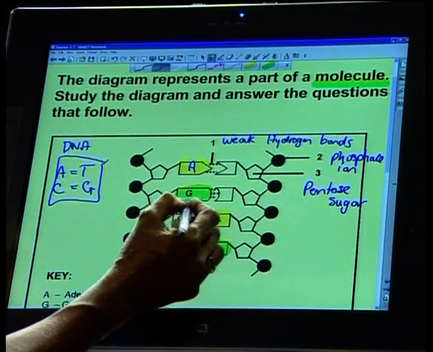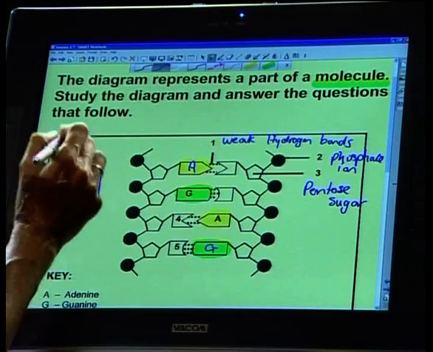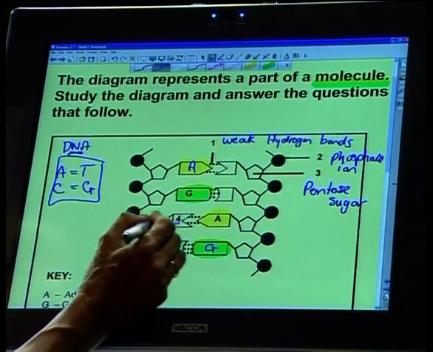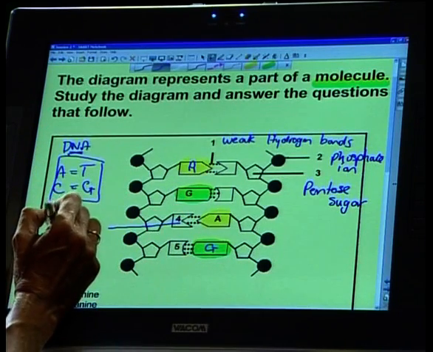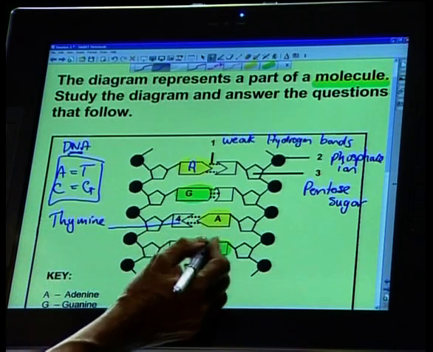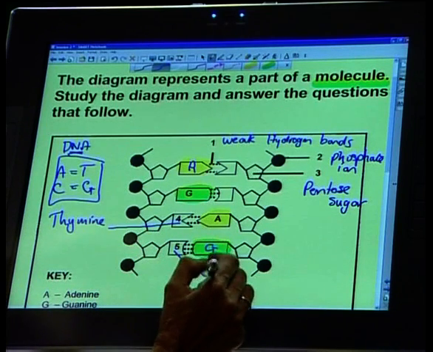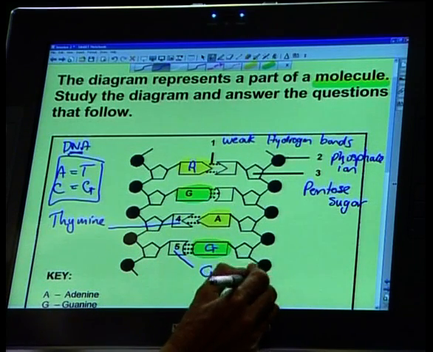So here we go. Adenine, what always bonds with adenine? Thymine. Now remember, we're looking at DNA. So number 4 is going to be thymine. And what always bonds to guanine is cytosine.